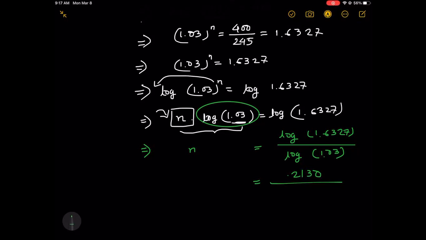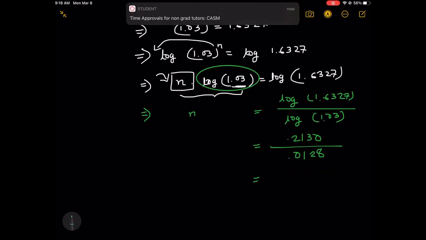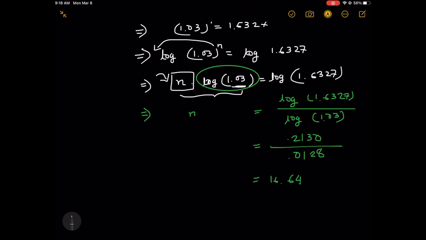And log of 1.03 gives us 0.0128 up to 4 decimals. Now we can divide this as well. So 0.2130 divided by 0.0128 will give us 16.6406 up to 4 decimals.